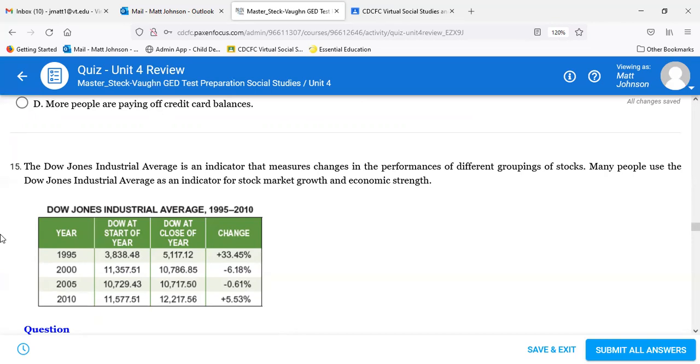The Dow Jones Industrial Average, right? We have 1995, we have it in 5-year increments: 95, 2000, 2005, 2010. We have it at the start of the year and then at the close of the year, and how much that changes. I've mentioned this before, in our type of economy and most of the world's economies, if you're not growing, you're in trouble.